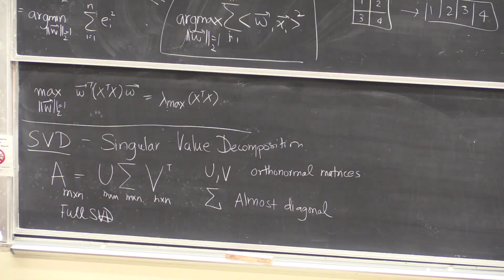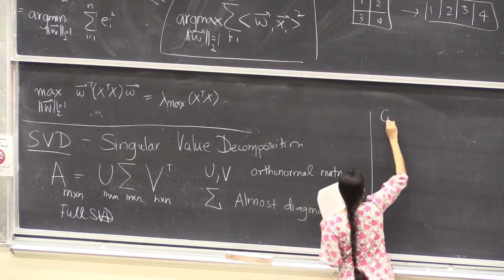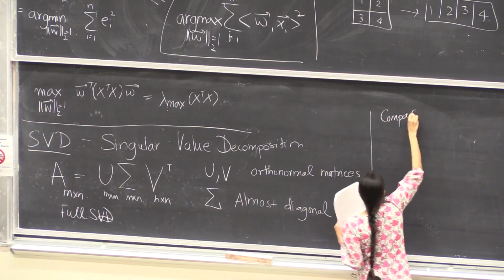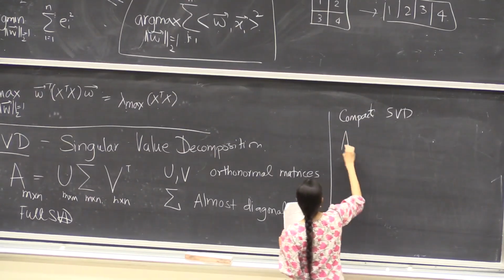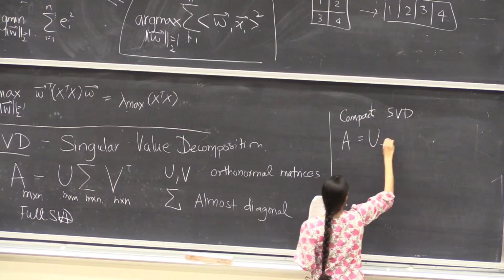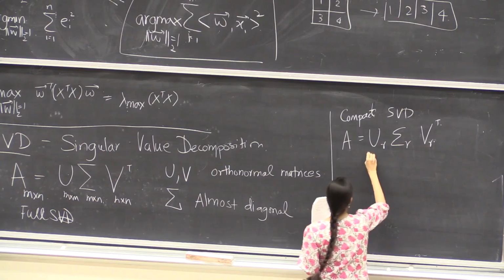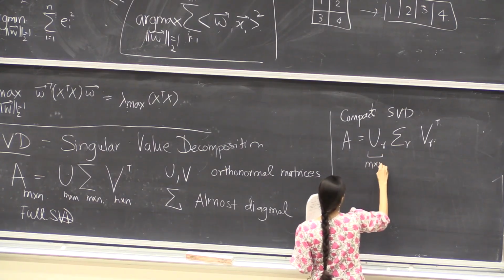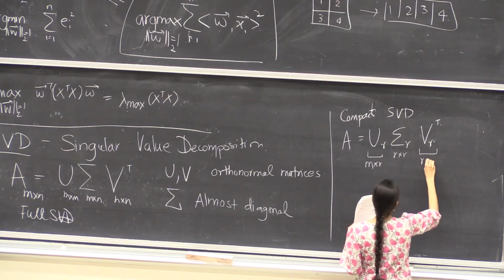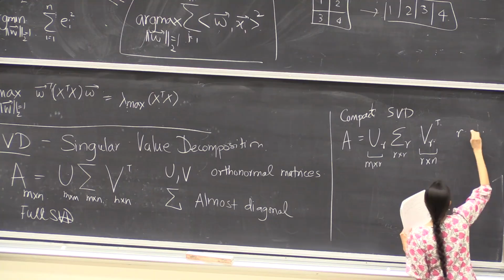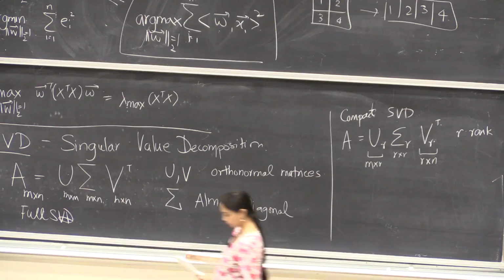You can also write another version of this, which is the compact SVD, where I can write A equal to U_r sigma_r V_r transpose, where this is now m by r, this is r by r, and this is r by n, where r is the rank of the matrix A.